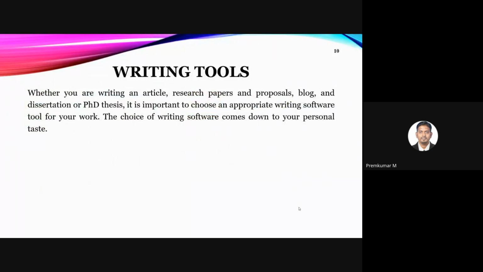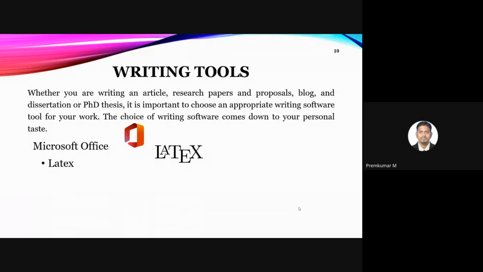Apart from that, what are the writing tools we have? This is only to write the papers, so it's only about office tools. One is Microsoft Office, which everyone knows; even 90 percent of people are using it. And the people who work a lot on mathematics go with LaTeX.